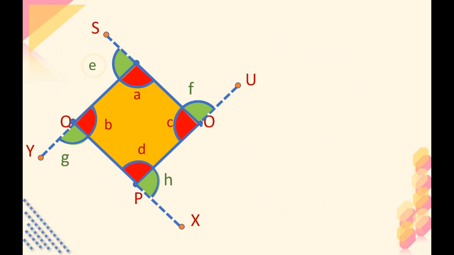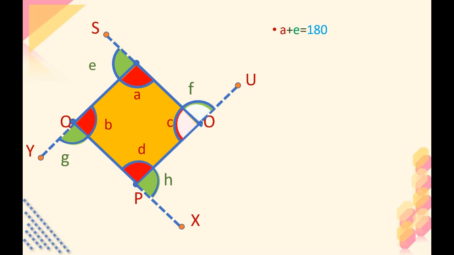Remember that angles E, F, G, and H are exterior angles, and angles A, C, B, and D are the respective adjacent interior angles. Therefore, what is the sum of angle E and angle A? The sum of their measures is 180 degrees.